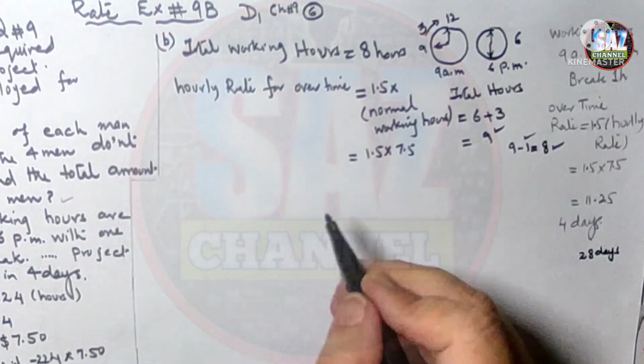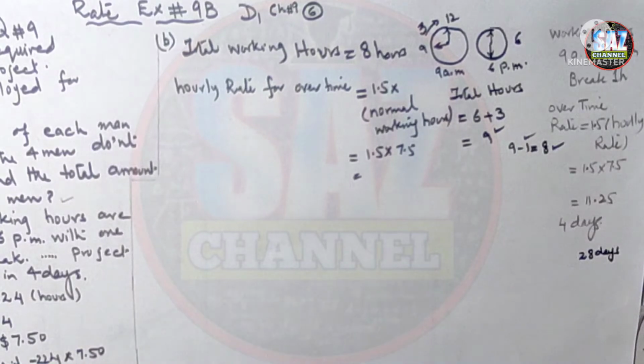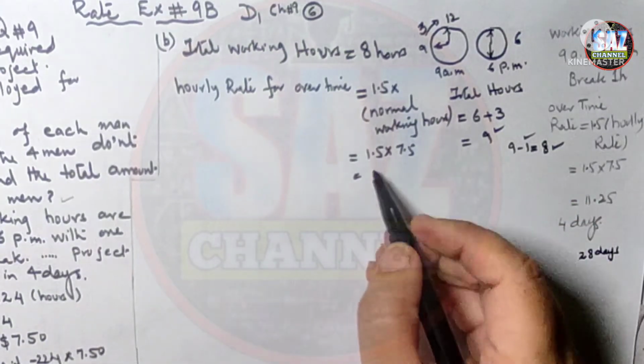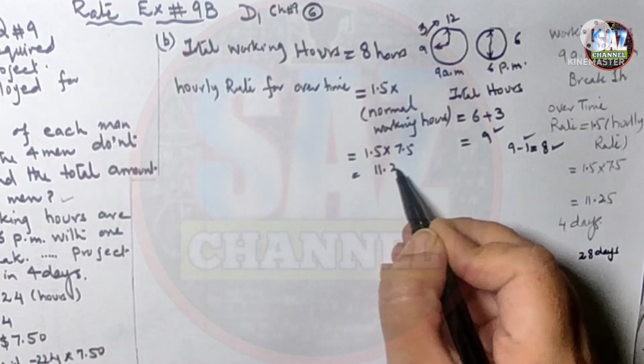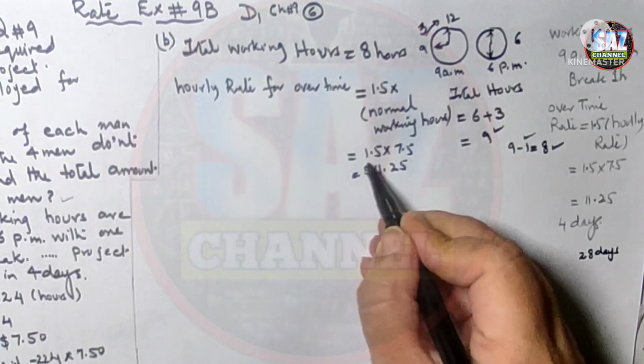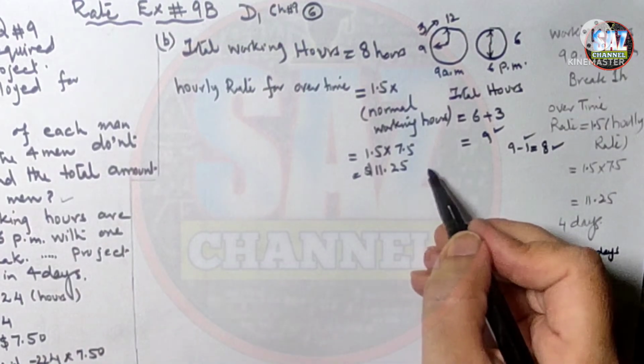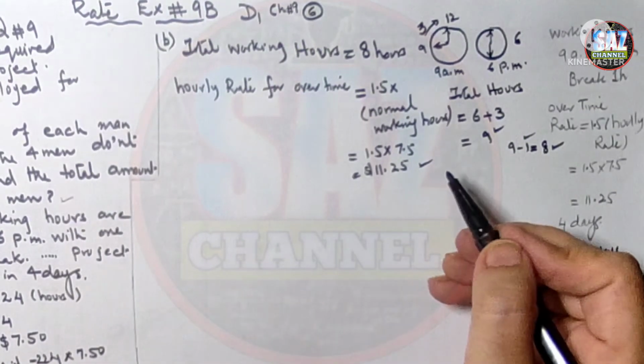Let me reconfirm this: 1.5 multiplied by 7.5 is 11.25. So $11.25 is the hourly rate for overtime.